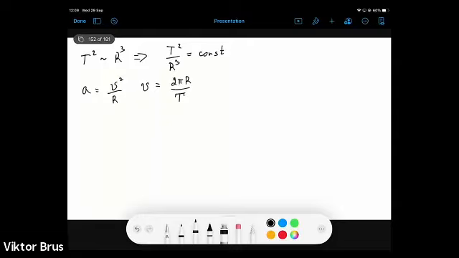So we can write that the centripetal acceleration will be equal to 4 pi squared times the radius of the orbit divided by T squared.